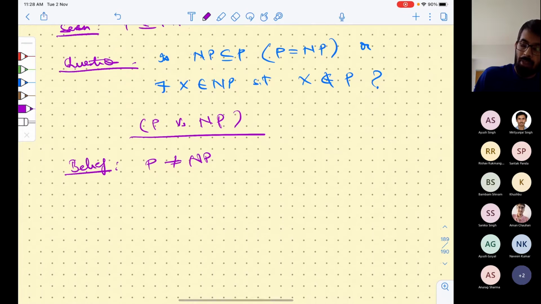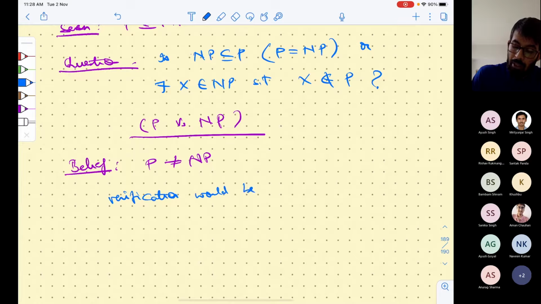And the belief is that P is not equal to NP. And why? Because in P you have to solve, in NP you only have to verify. So actually solving some problems might take more time than verifying. So verification would be easier than actually solving, though again this is a belief only.